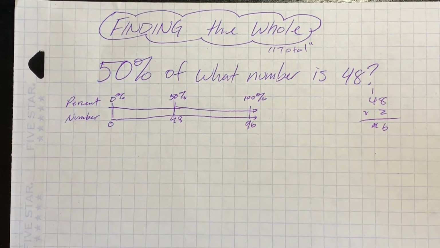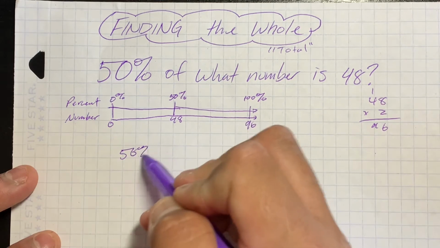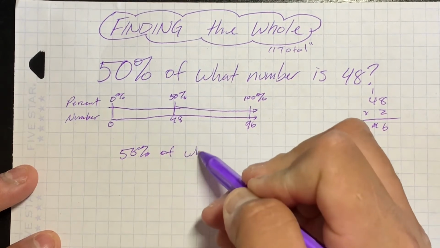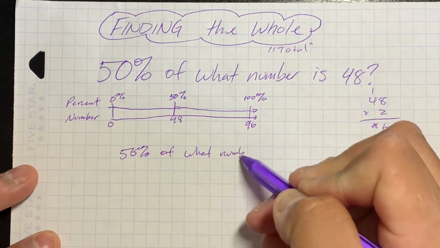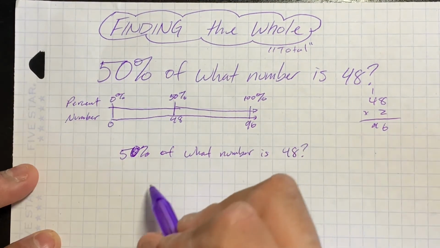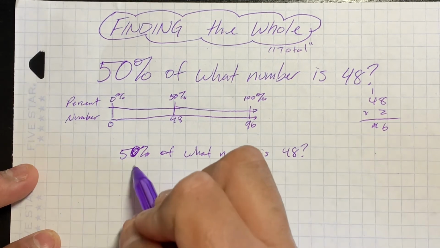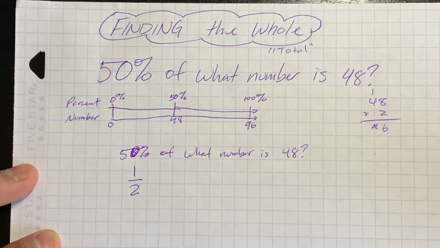All right, so we showed you with a double number line. Let's go ahead and solve this way. So again, 50% of what number is 48? So if we have 50% here, what does 50% look like as a fraction? Well, it's just going to be 1 over 2. That is half.